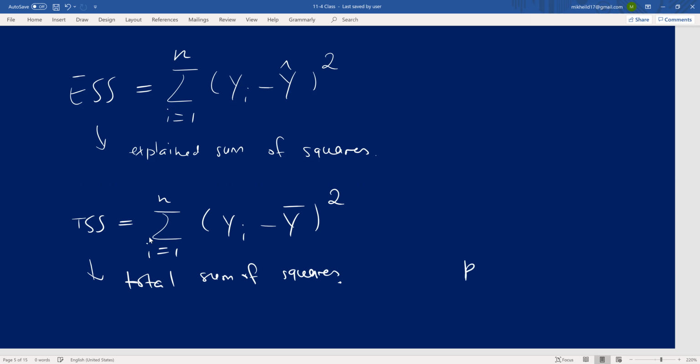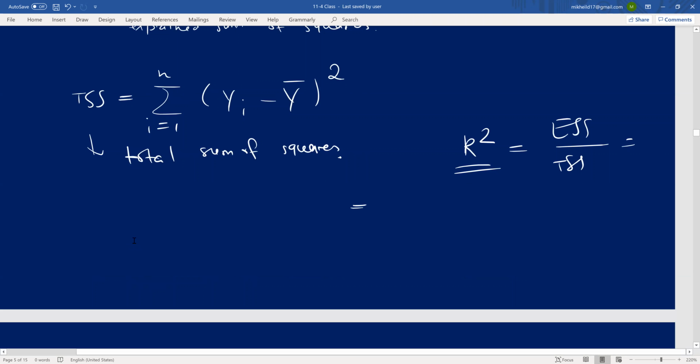And R squared is a measure which is calculated as ESS over TSS, right? Or in other words, 1 minus SSR over TSS, right?